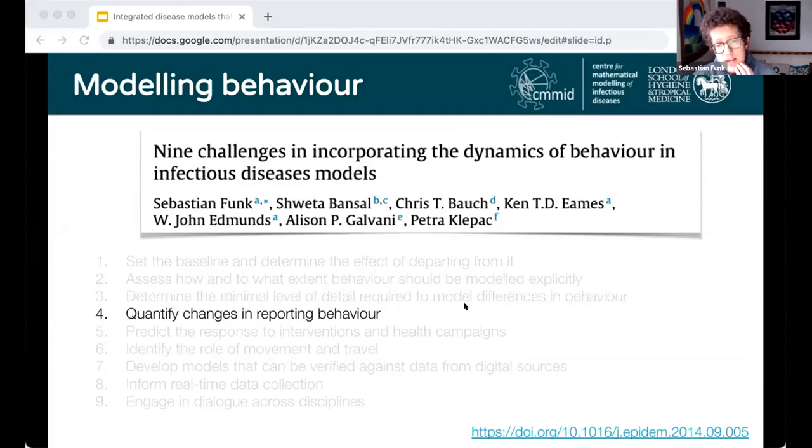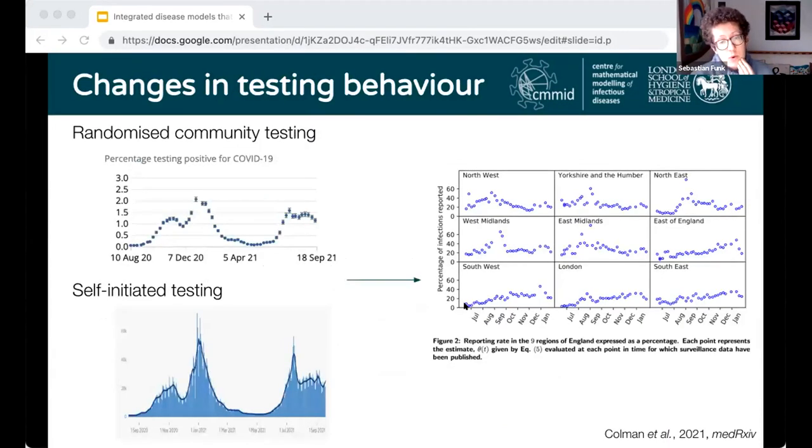We talked about quantified changes in reporting behavior, something that's really important for interpreting data. Again, this is something where I think there's been some positive development in COVID-19, especially in the UK, where we have had the ONS study of randomized community testing that has been such an important part of situational awareness for the current state of the pandemic in the UK.